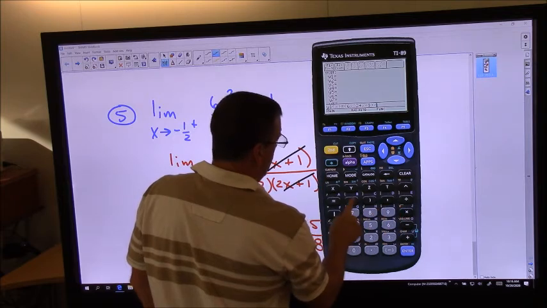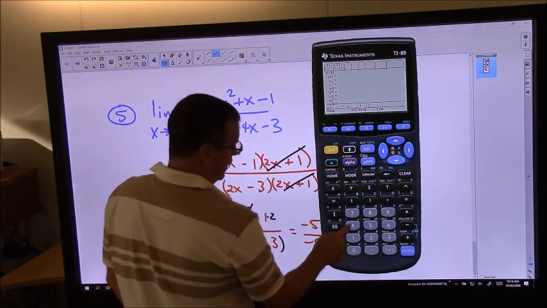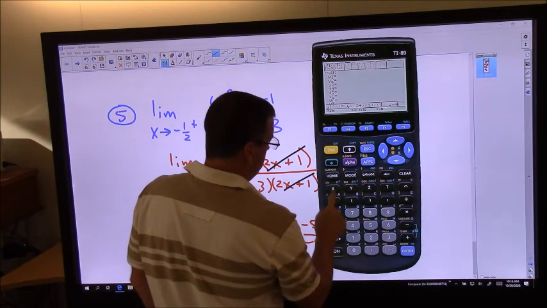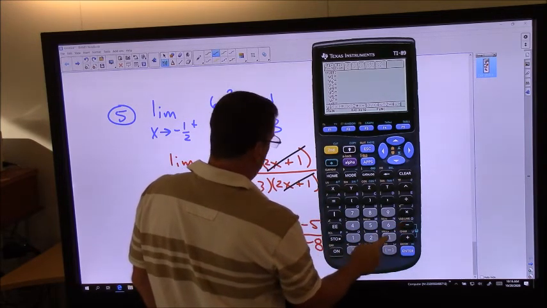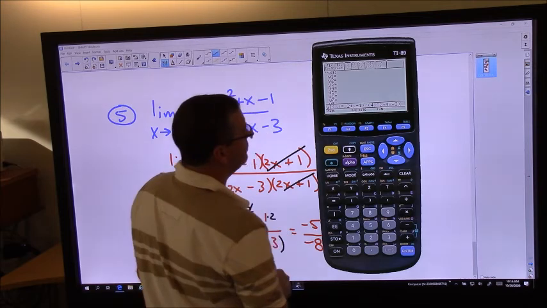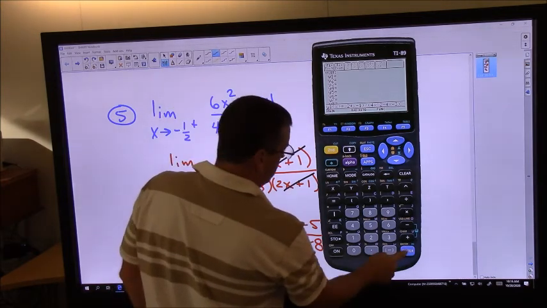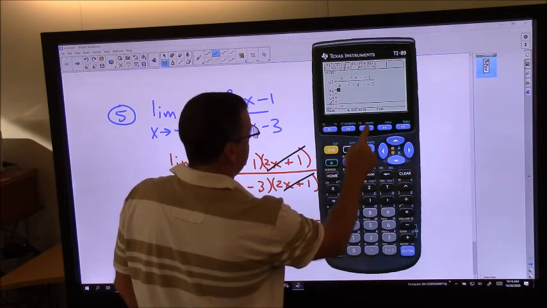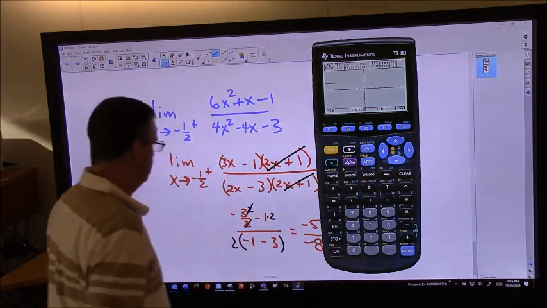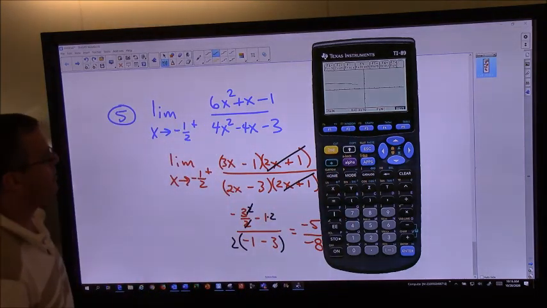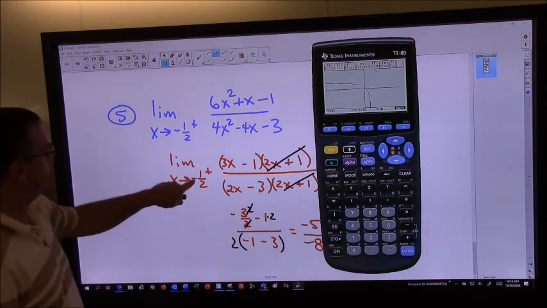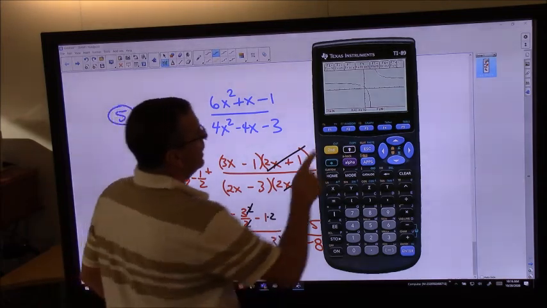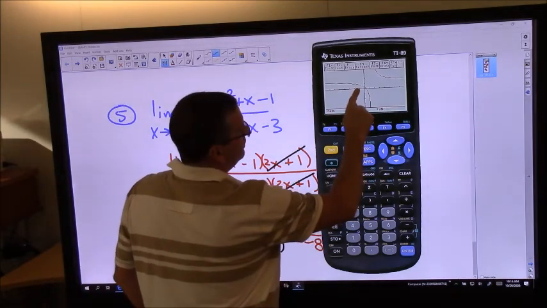And I'm going to divide that by 4x squared minus 4x minus 3. Looks like everything's in there correctly. I hit enter to put it up there, and then we'll graph it. I want to know what's happening as I get close to negative 1/2 from the larger side. I can see right there, there's a hole in the graph.